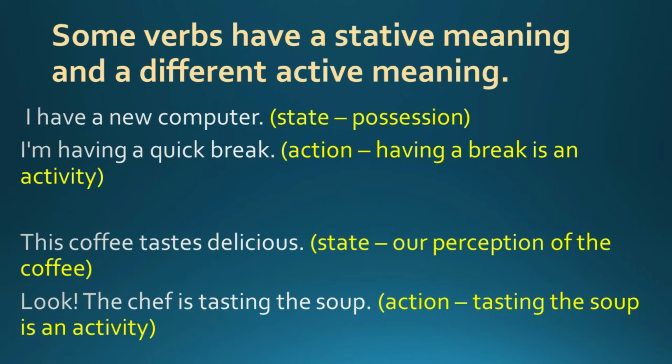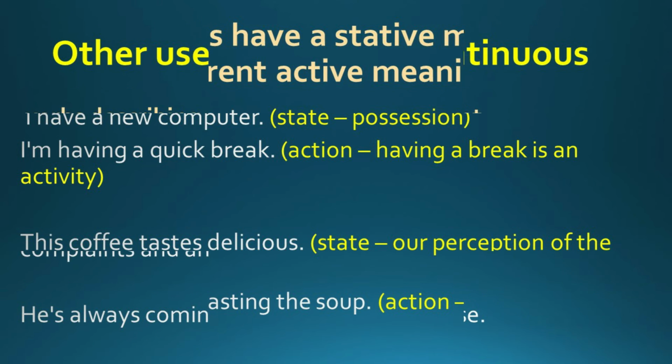Similarly, this coffee tastes delicious. So, state: it is our perception of the coffee. On the other hand, look, the chef is tasting the soup. Action: tasting the soup is an activity. So some verbs play a dual role.